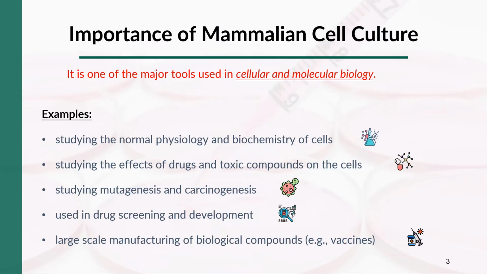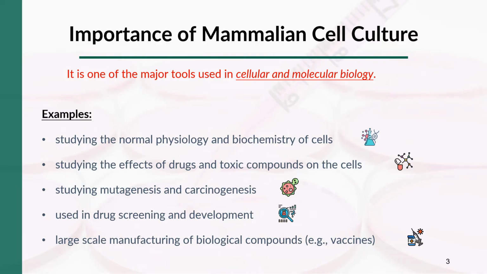So why exactly is mammalian cell culture important? Mammalian cell culture is actually one of the very major tools used by scientists around the world in the field of cellular and molecular biology. It is very crucial for studying the normal physiology and biochemistry of cells, and studying the effects of many different kinds of drugs or toxic compounds on the cells.